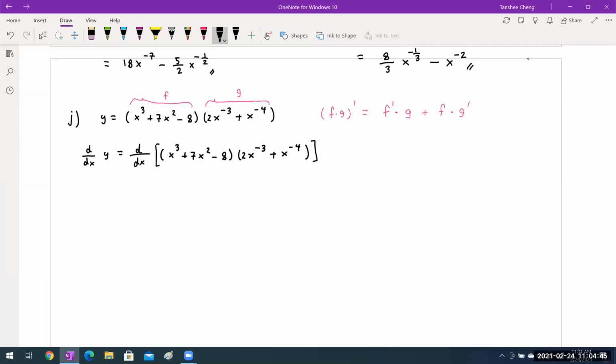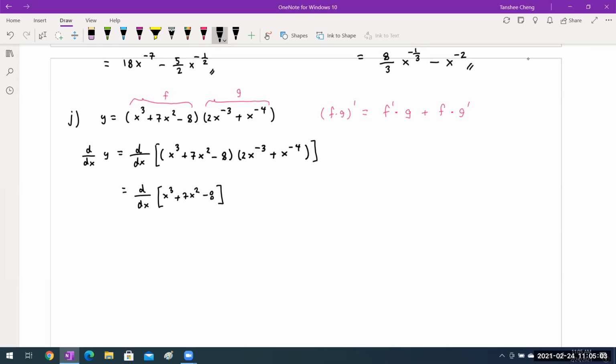So now this will look like the derivative with respect to x of the first function, which is x to the 3rd power plus 7x squared minus 8.